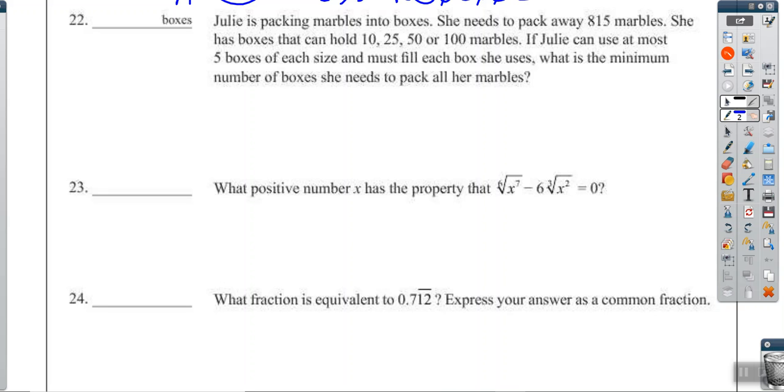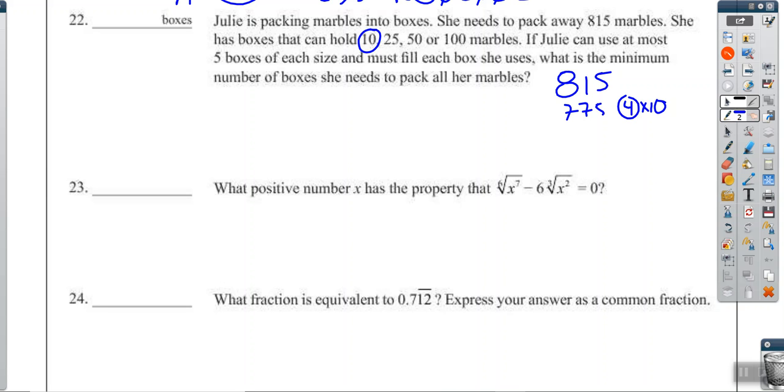Well, if we have 815 marbles, we have to use boxes of 10 to get down to a multiple of 25. To do that, if I subtract 4 boxes of 10, that would get me to 775.